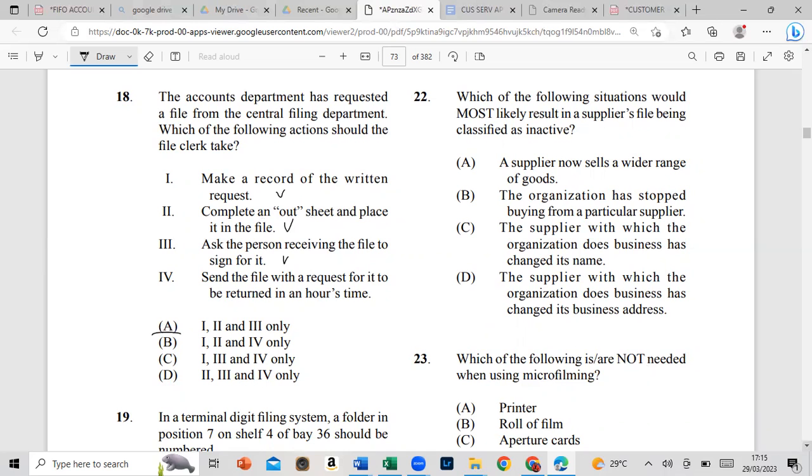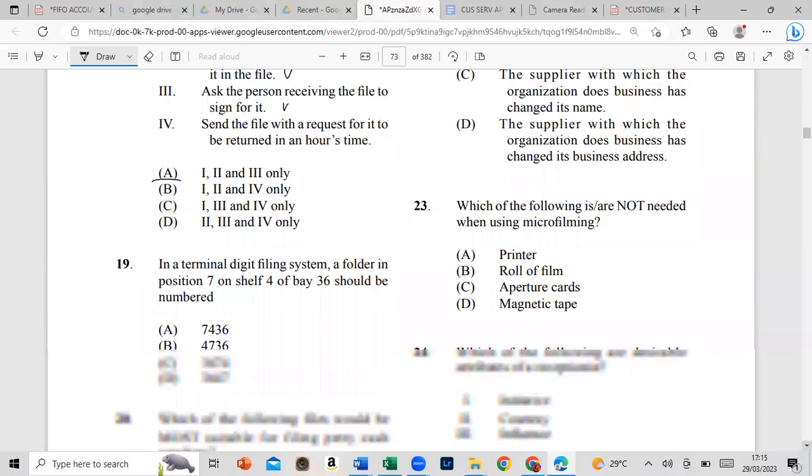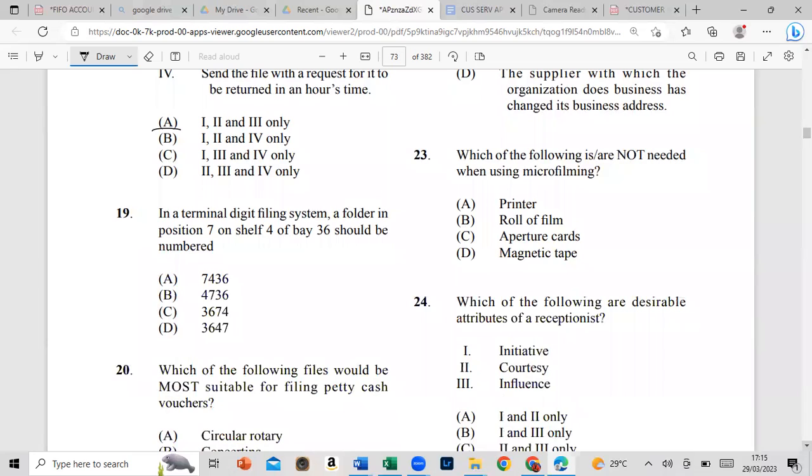Let's deal with number 19. In a terminal digit filing system, a folder in position 7 on the shelf of B36 should be numbered... So it's 36 at the front.